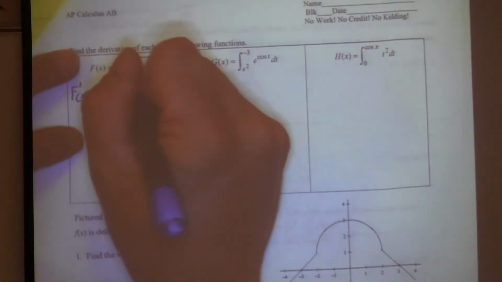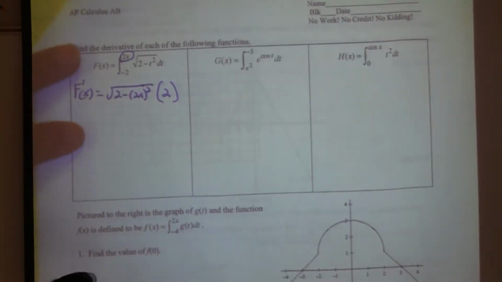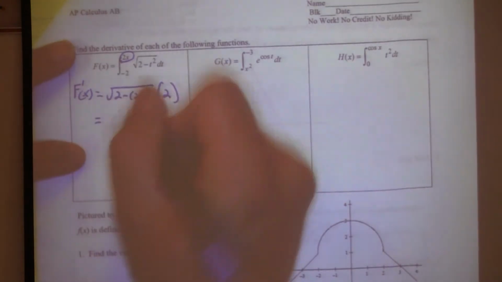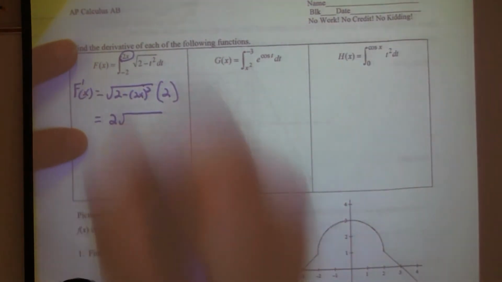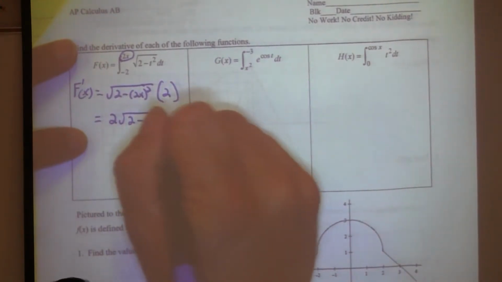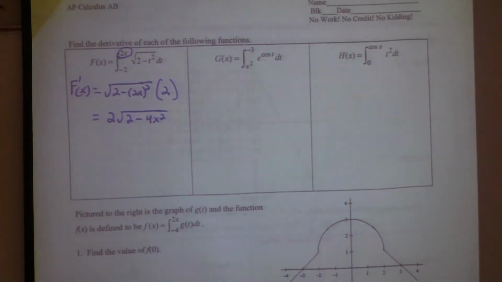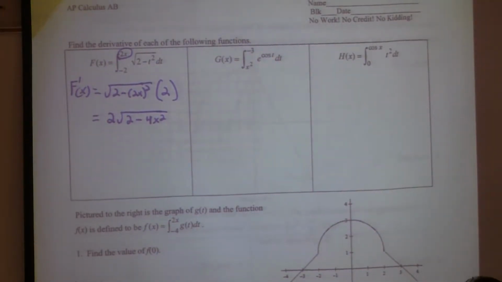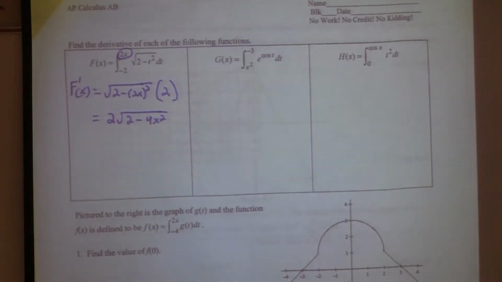What would the derivative of 2x be? 2. Alright, we're done. So what's my answer? 2 square root of 2 minus 4x squared. Bam, that's the derivative of that. 2x times 2x, that's 4x squared, right? Try the next one.